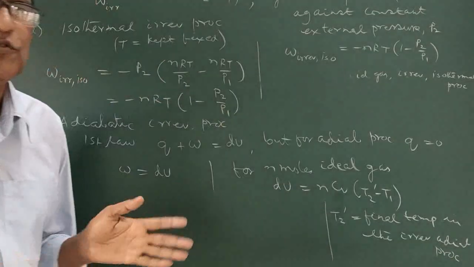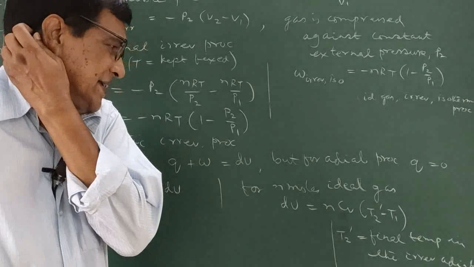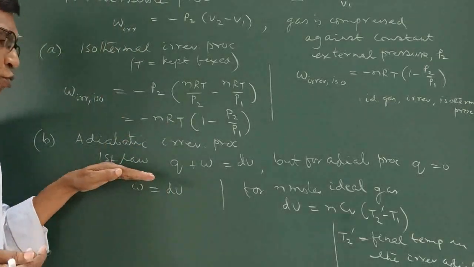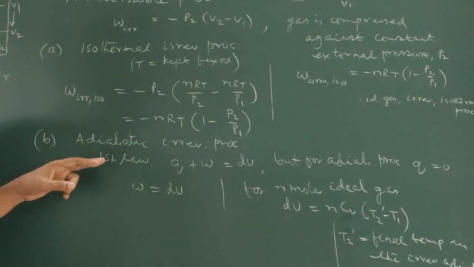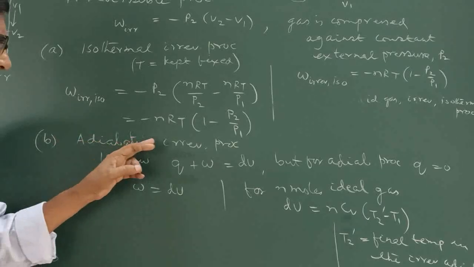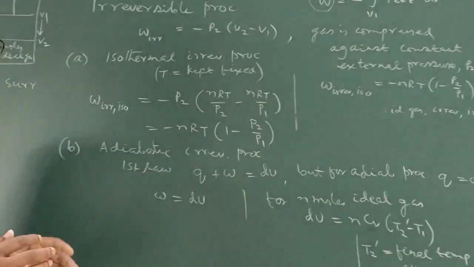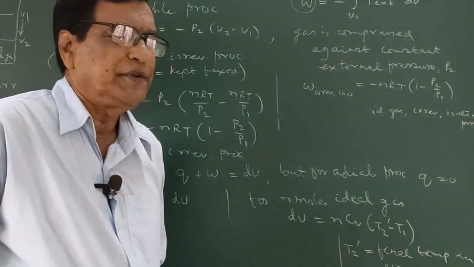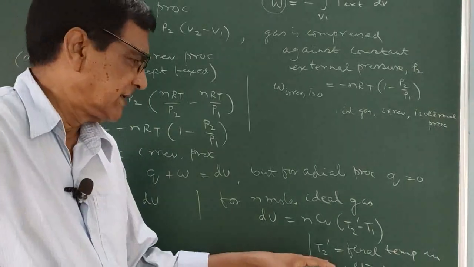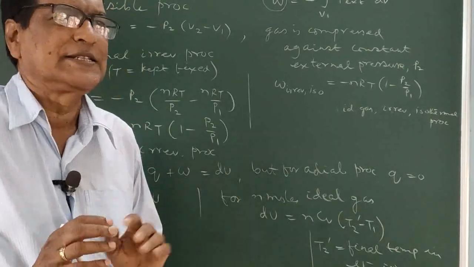It can be shown very easily that if the process were conducted as an adiabatic reversible process, then the final temperature would be much less than T2 dash.